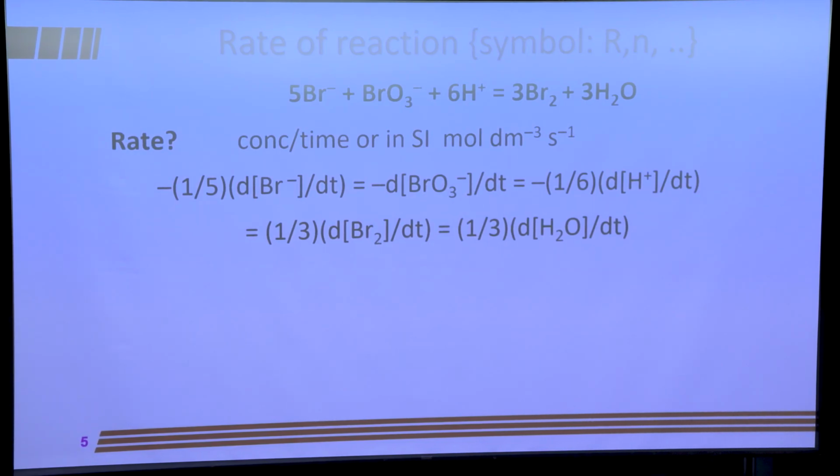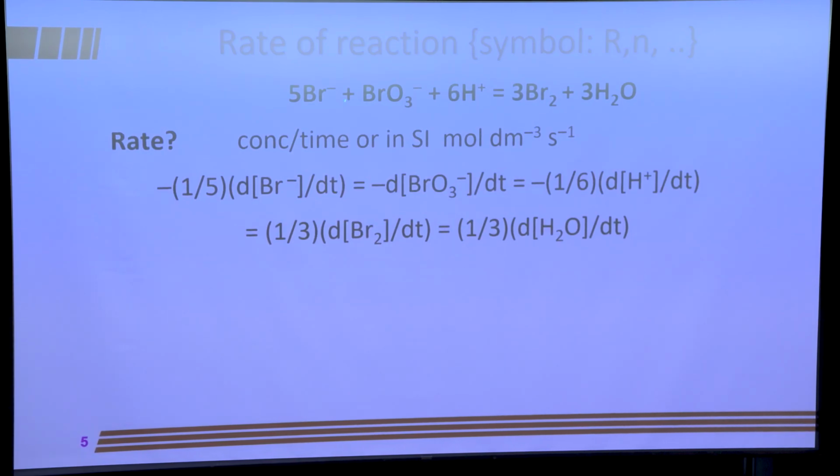And so say we put Br minus, BrO3 minus, and 6 H plus into this container, right? We seal it, okay, and we just come back at a certain period of time, right? How can we follow the rate of reaction, right?